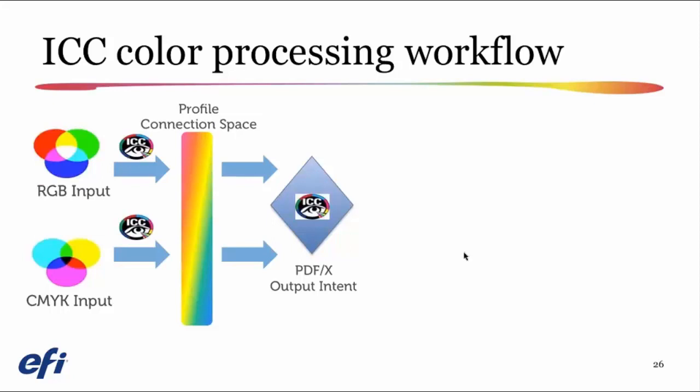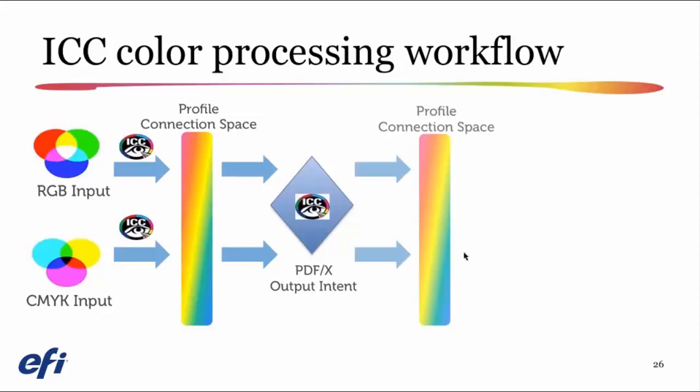So a common example that people put in the PDFX output intent is a SWOP profile. They say, I want this document to look like SWOP no matter where in the world it goes, no matter where it is printed or viewed. Now we take the colors that are defined by that PDFX output intent through the profile connection space again and convert them through the output profiles.